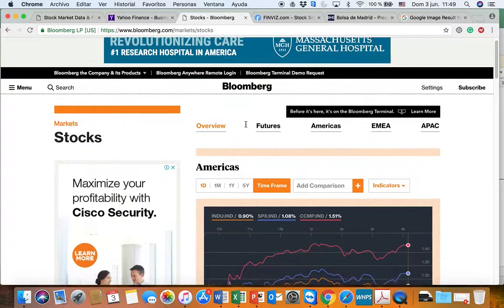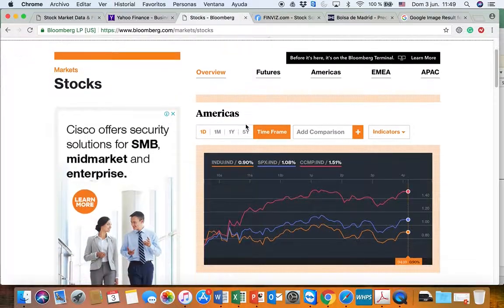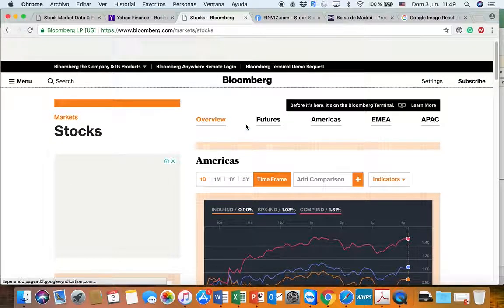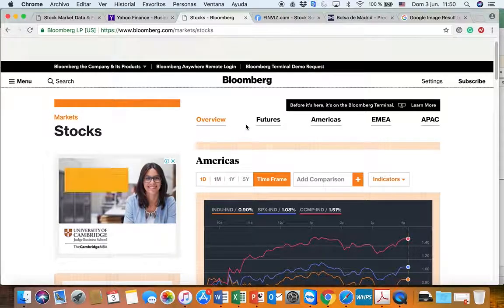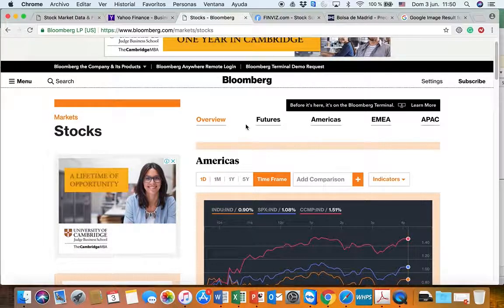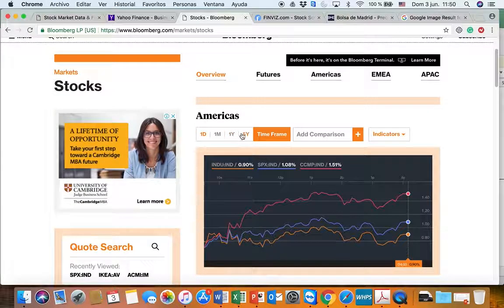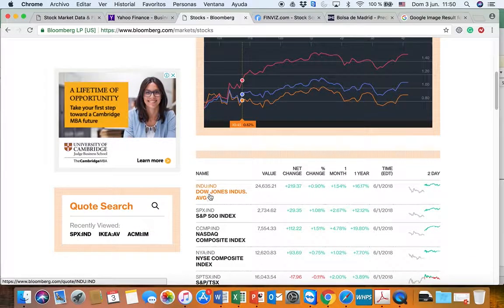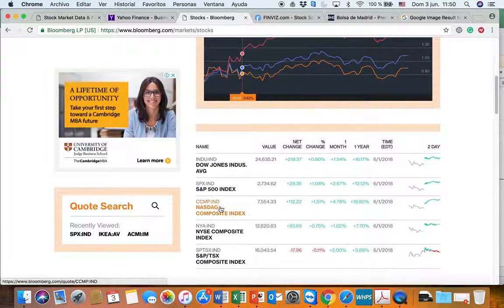Bloomberg, of course, is very interesting. Here we can see more defined information. Depending on the level of complexity, you will be able to either advance and evolve, or digress and continue. For example, in Bloomberg we have the Americas, the Dow Jones, S&P 500, Nasdaq Composite once again. Remember, 1.51 was the percentage change.